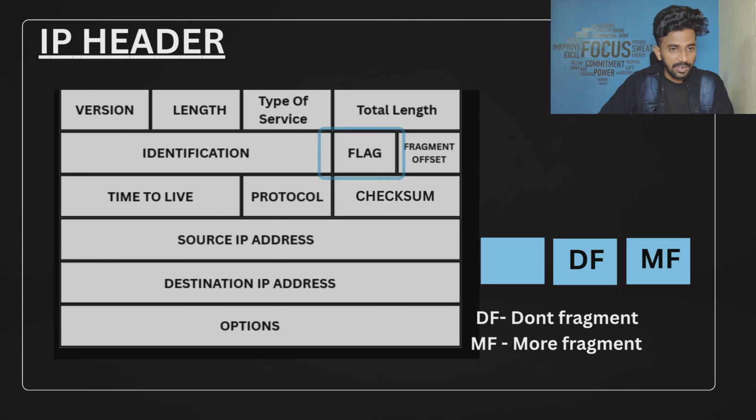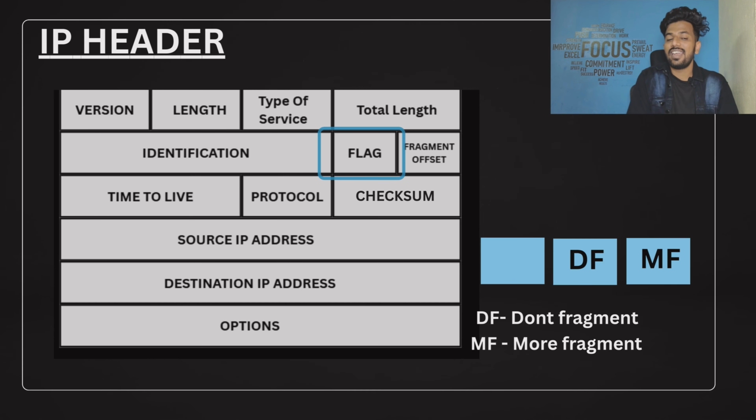If it is set to 1, there are more fragments after this one. If set to 0, this is the last fragment of the packet. You may have a question here. How do we decide whether the packet should be fragmented or not? If you remember, based on the MTU size, we decide whether the packet should be fragmented. So this is how fragmentation works.